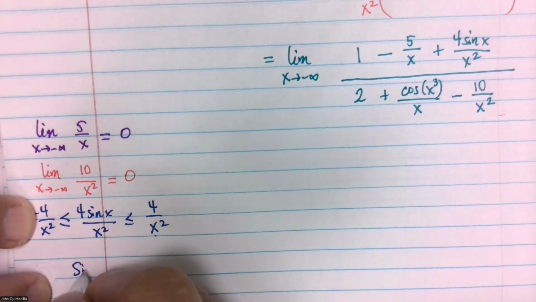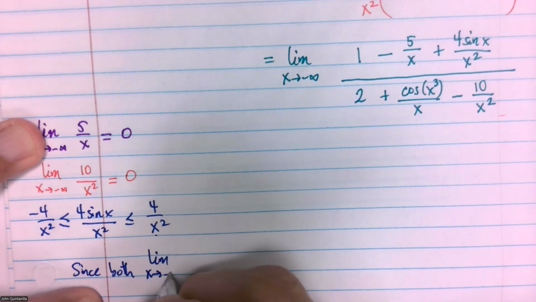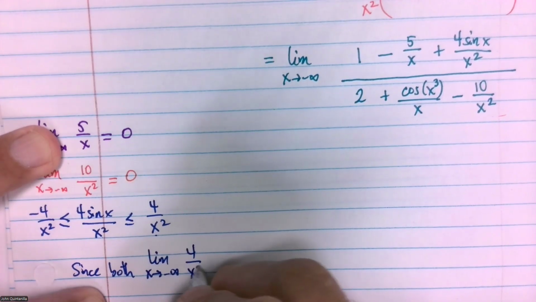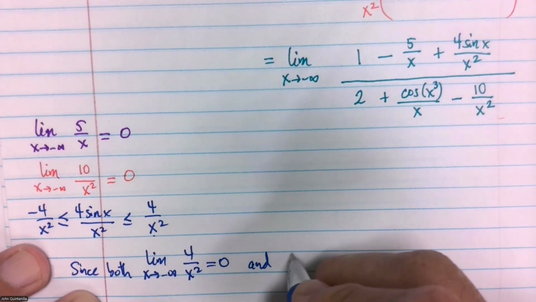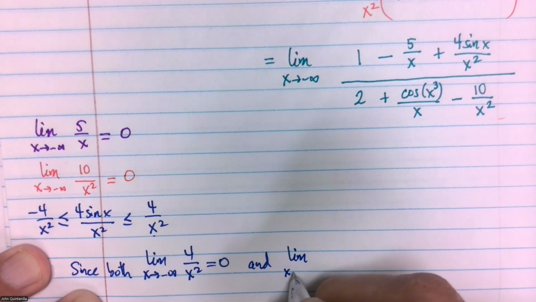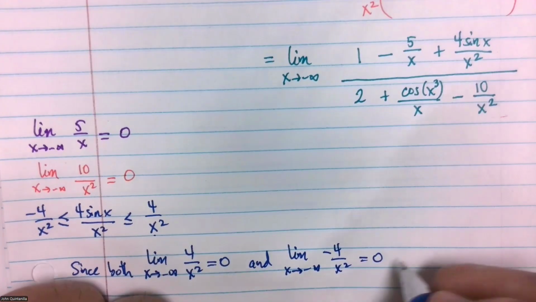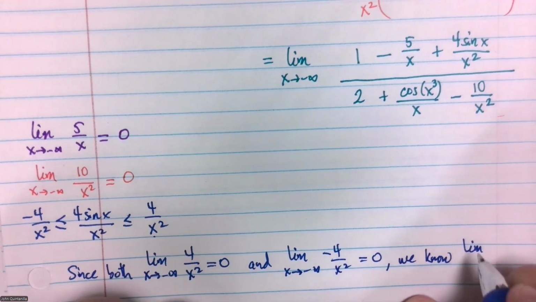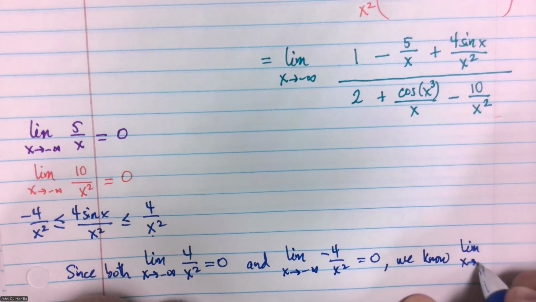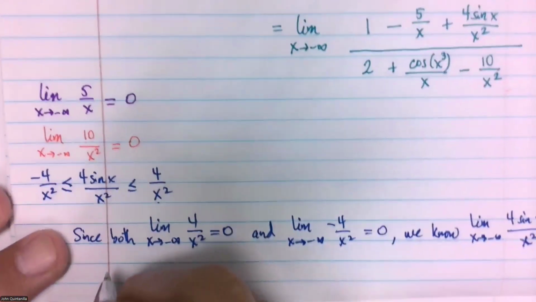And since the limit as x goes to negative infinity of 4 over x squared is equal to 0, and the limit as x approaches negative infinity of negative 4 over x squared also equals 0, we know that the limit as x approaches negative infinity of 4 sine x over x squared is equal to 0 by the sandwich theorem.